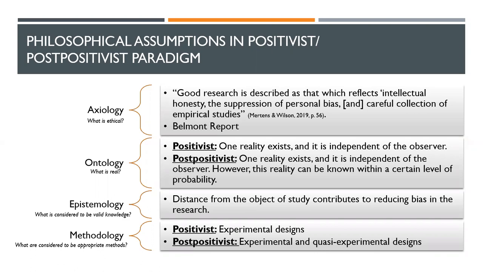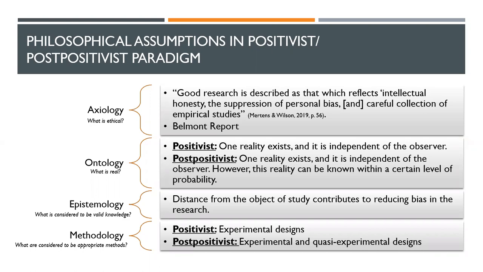Epistemologically, both positivists and post-positivists believe that valid knowledge is obtained when there is distance from the object of study. This contributes to reducing bias in research. Methodologically, positivists prioritize the use of true experiments, which require random selection of subjects and random assignment to interventions, while post-positivists believe in both experimental and quasi-experimental designs.